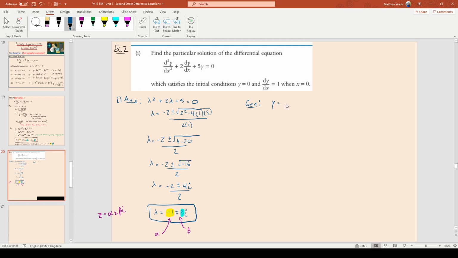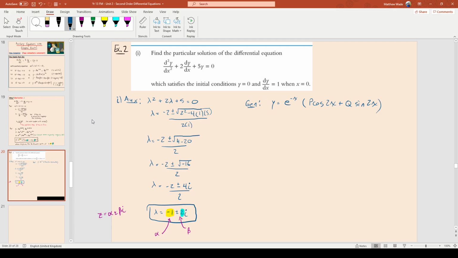So y equals e to the alpha x, e to the negative x, okay? And then it's going to be p cos beta x, so p cos 2x plus q sine of 2x. And bang, there you go, general form done.